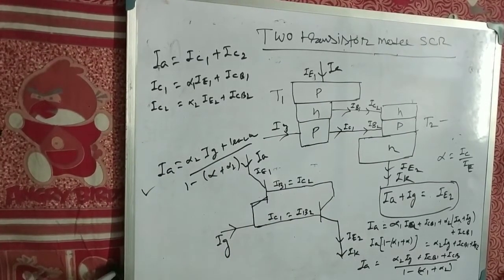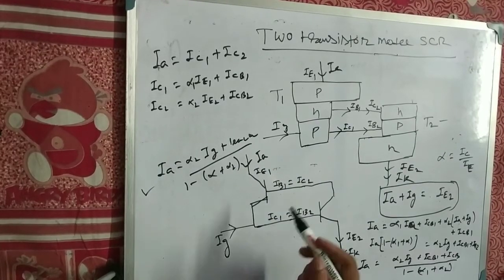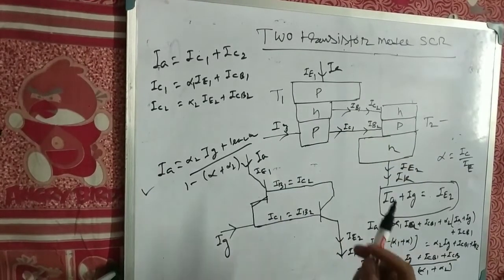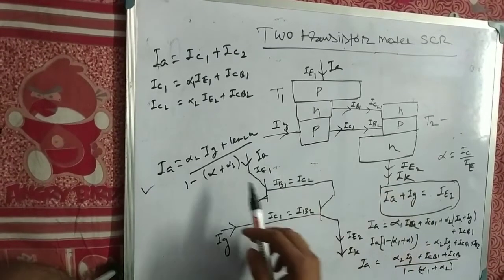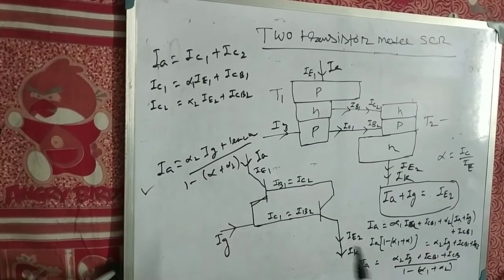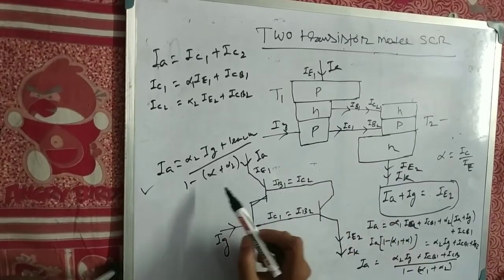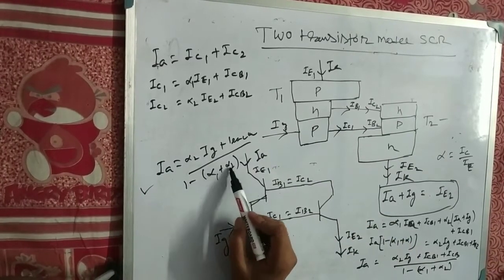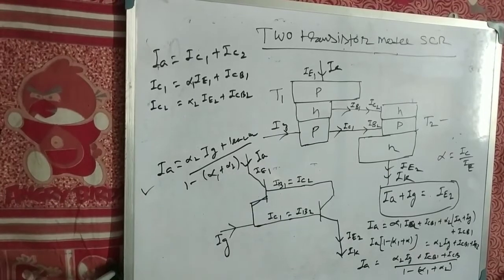We have already studied it, and also by the two transistor model we are studying this. Now suppose for silicon NPN transistor and PNP transistor, we all know that the alpha value, the current gain value, will be less than one, 0.9, 0.8, something.